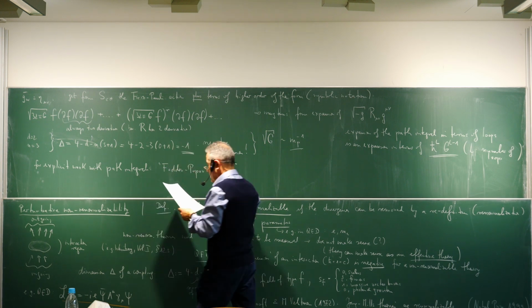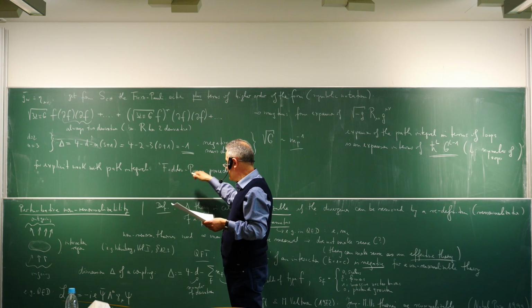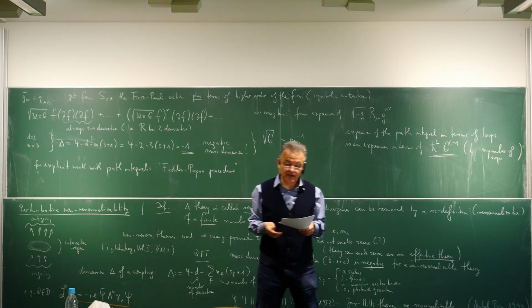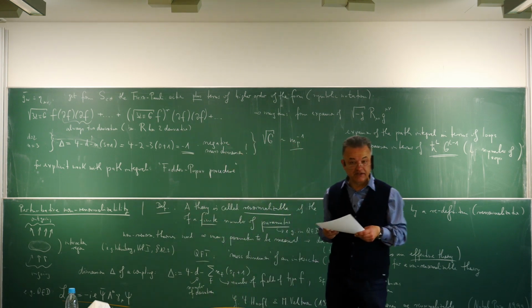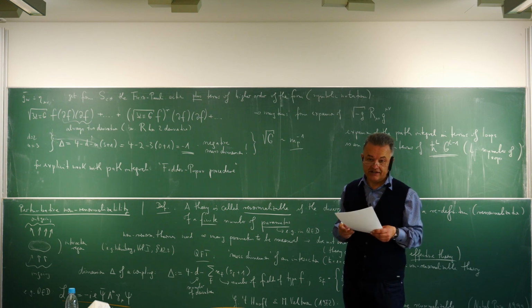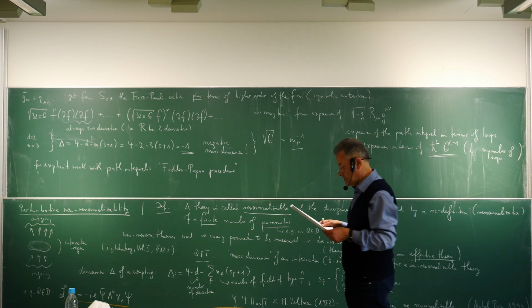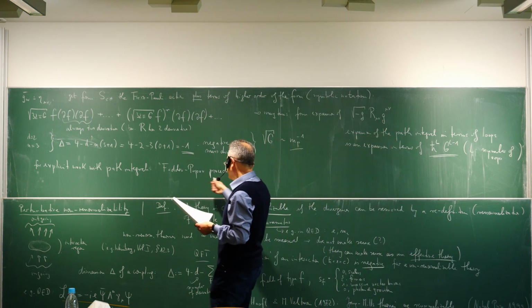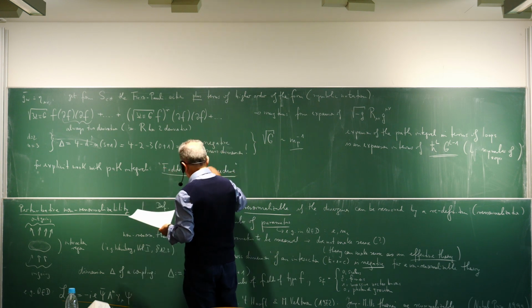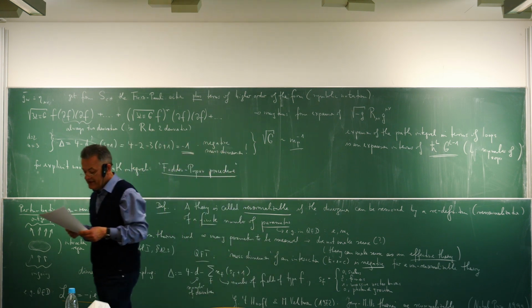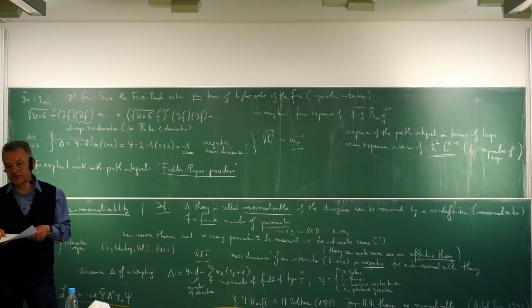Going back to a 1967 paper by Faddeev and Popov, although some elements were already discussed by DeWitt a couple of years earlier, in 1963, 1964. And that's what you usually learn when you learn modern quantum field theory, for example, going to such books as Weinberg's book, already cited, from 1995.